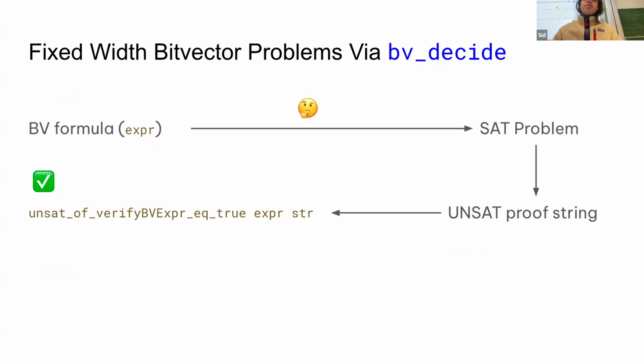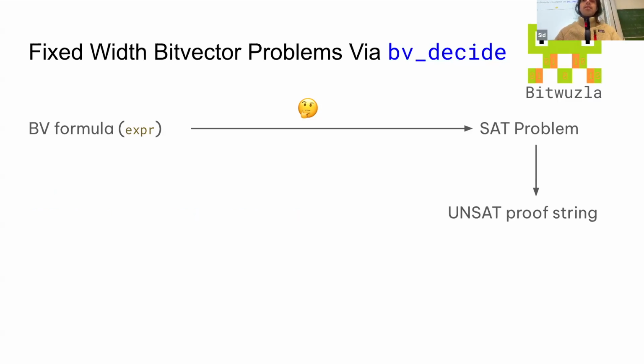Say that we start from some Bitvector formula and we produce a SAT problem. How do you do this? The idea is that there's a fairly straightforward encoding: because a Bitvector is just a finite collection of bits, you can replace each bit with a Boolean variable, and that gives you a SAT encoding fairly immediately, more or less.